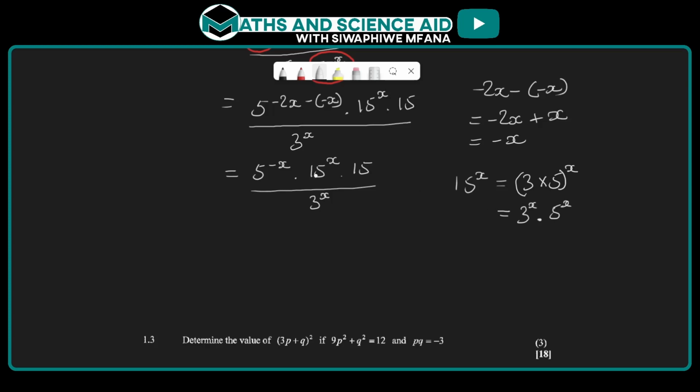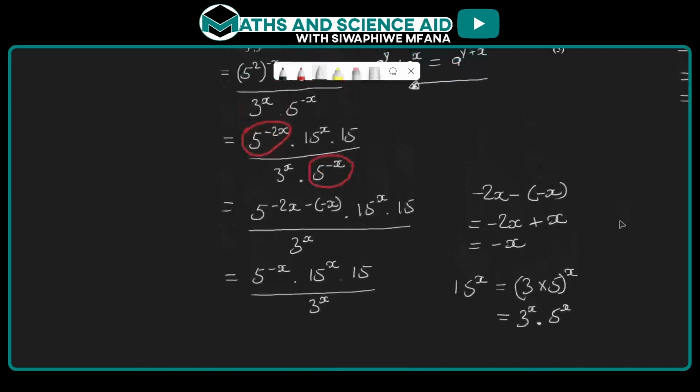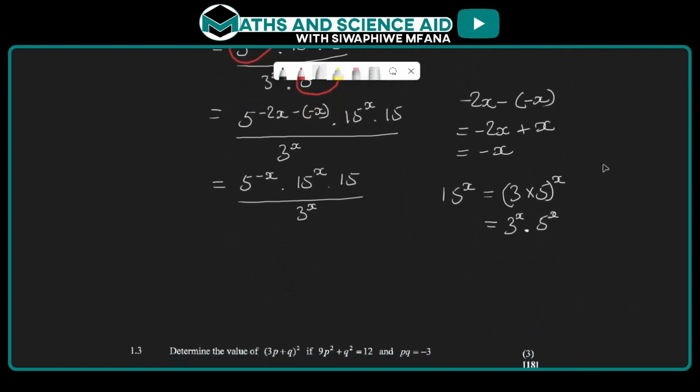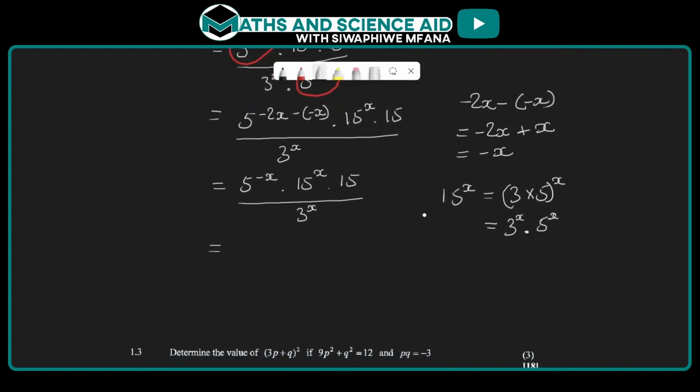Okay? And so this 15 to the power of x can be written like that. And in fact, this is something that you can do earlier during the calculation. If I had noticed it early, I would have done it immediately in the first step here, okay? But I only noticed it now.